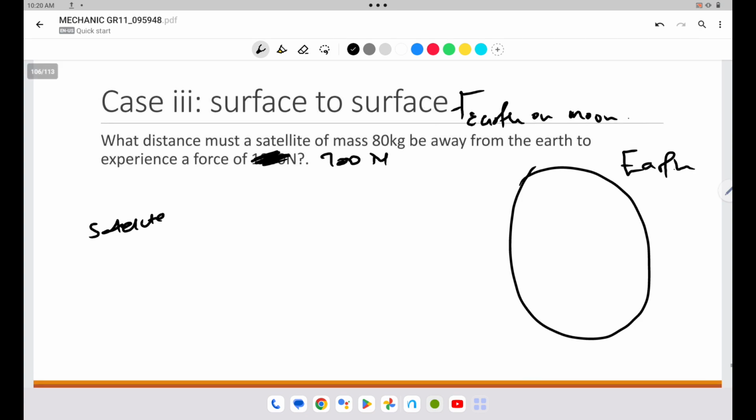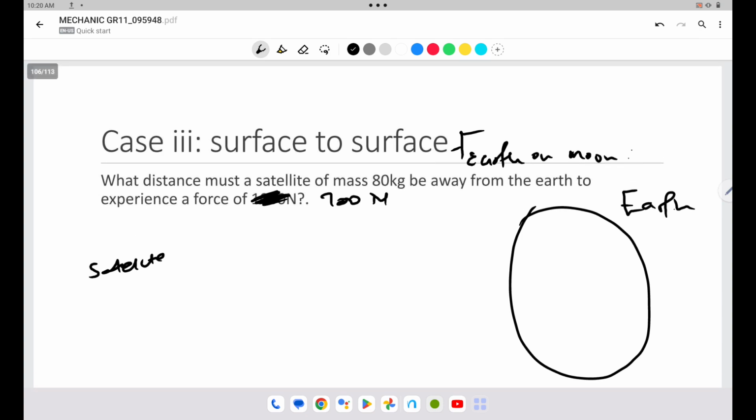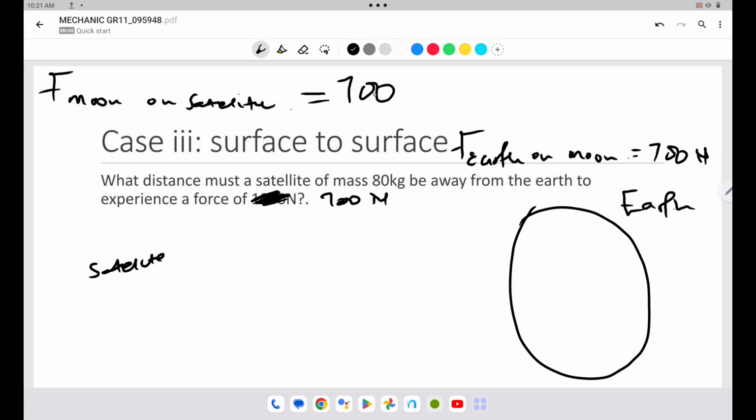So now I'm interested in something else. We are being told that that force is 700 newton. And now I want to know the force that the moon exerts on satellite. I want to know the magnitude of the force. Feel free to think about it for a while. Okay, you guessed it right. The force will have a magnitude of 700 Newton.